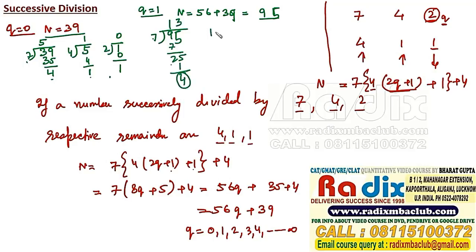Now when 13 is divided by 4, 4 3s are 12, remainder is 1. And when 3 is divided by 2, 2 1s are 2, remainder is 1. This number satisfies the conditions. So, our n is equal to 56q + 39, where q is 0, 1, 2, 3, 4 and so on up to infinity.